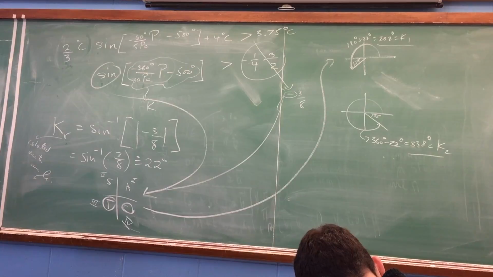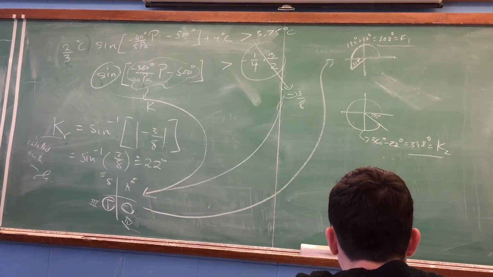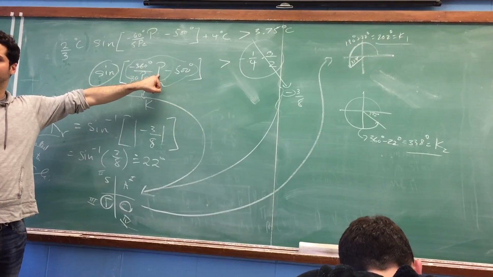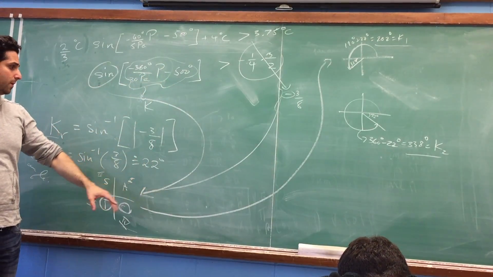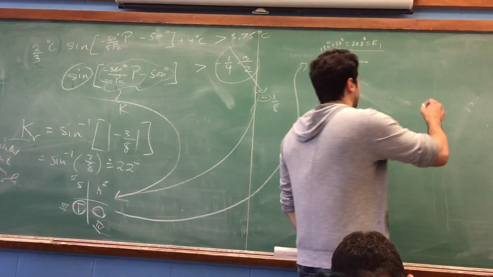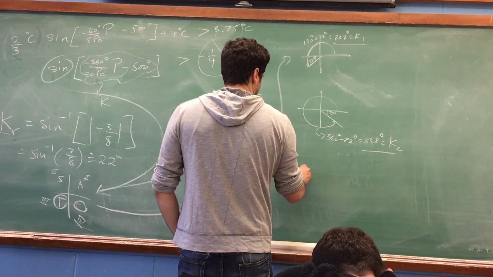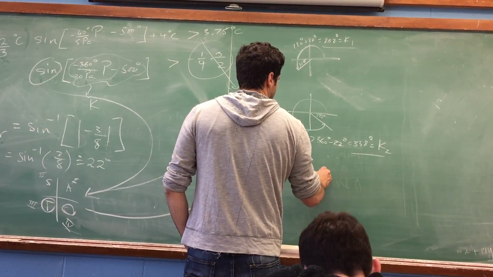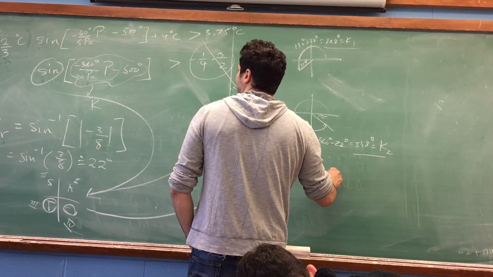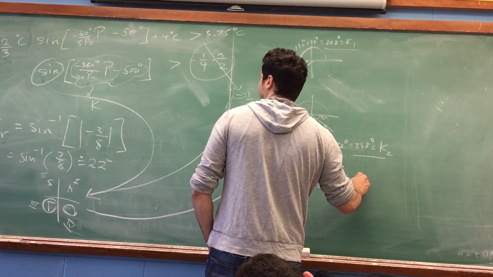The thing is, we have to give solutions in terms of the independent variable P. And right now we're dealing with degrees. But we know that K was written as minus 360 degrees over 30 pascals, P minus 500 degrees.